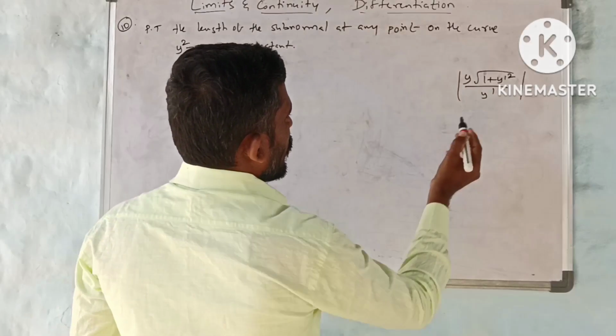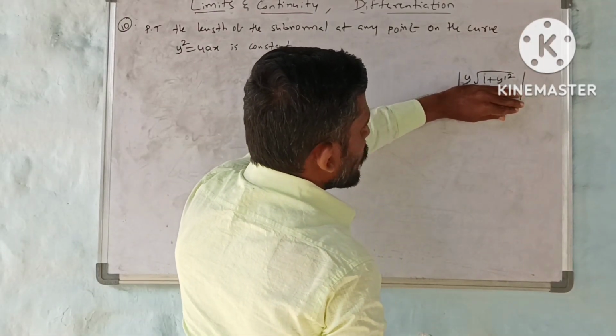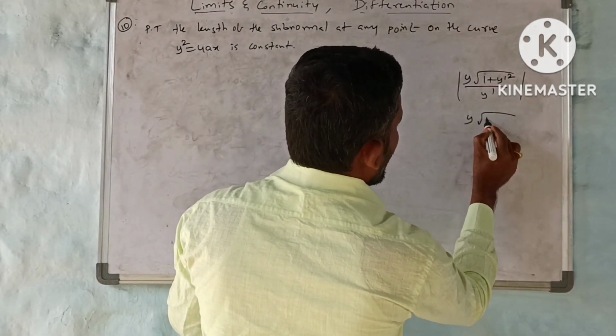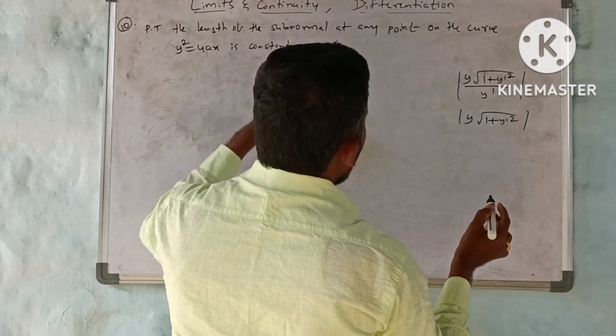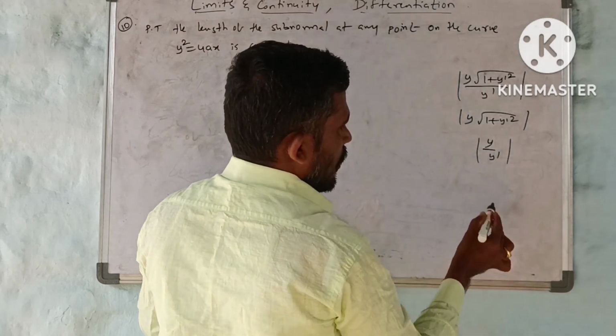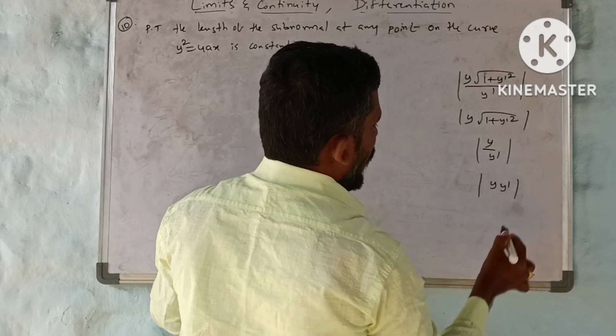The length of the normal is y the square root of 1 plus y dash square, and the length of the subnormal is y y dash.